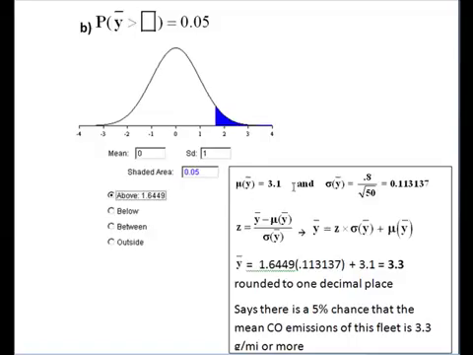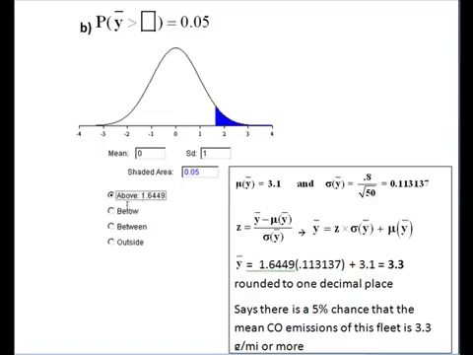Recall from the first part of the problem that the mean of the sampling distribution is 3.1, and that the standard deviation is the population standard deviation over the square root of 50, which is about 0.113. So we're trying to find the sample mean above which only 5% of the distribution lies.